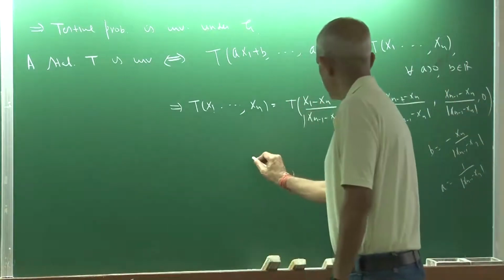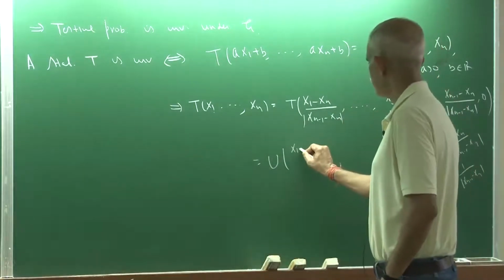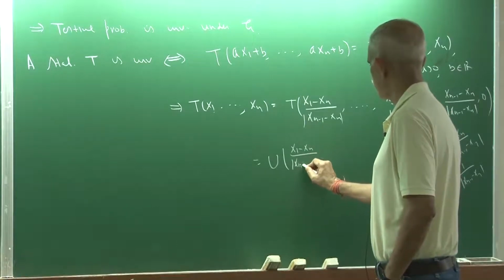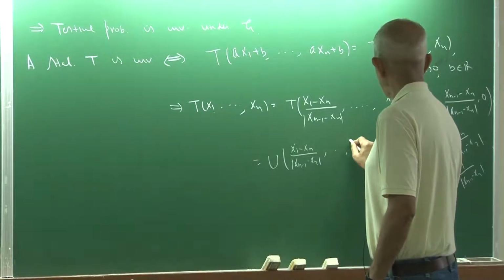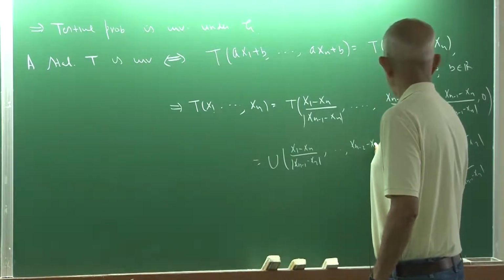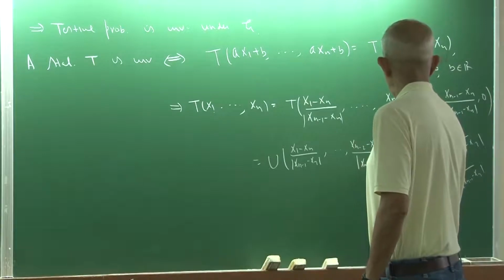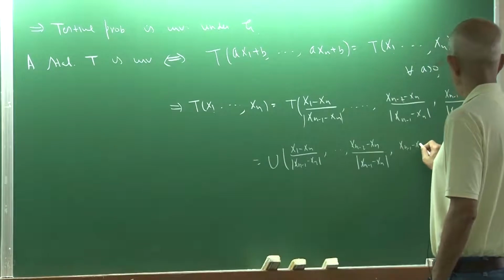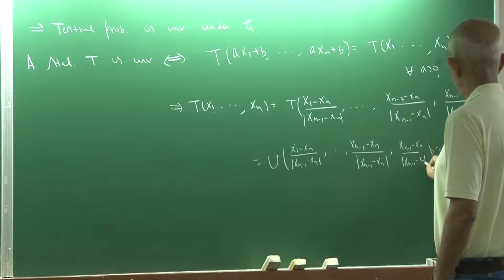So this is some function of x1 minus xn upon mod of xn minus 1 minus xn, xn minus 2 minus xn upon mod of xn minus 1 minus xn, and xn minus 1 minus xn upon mod of xn minus 1 minus xn.